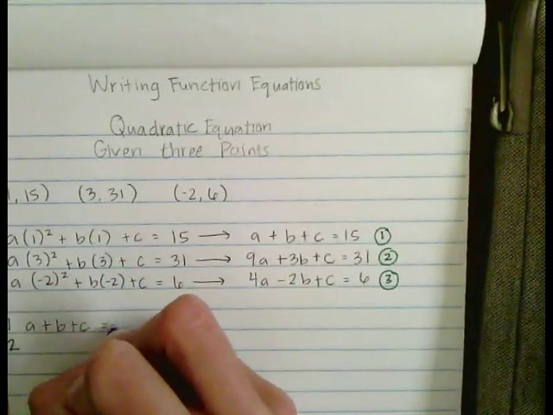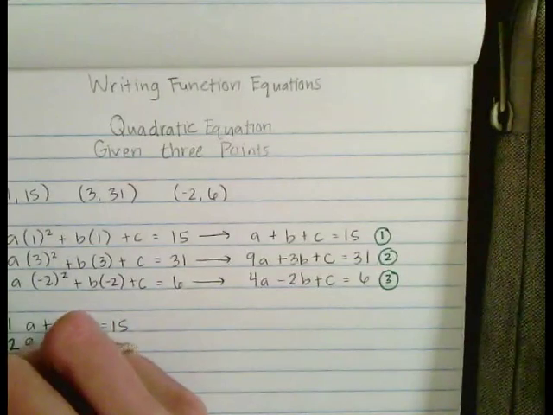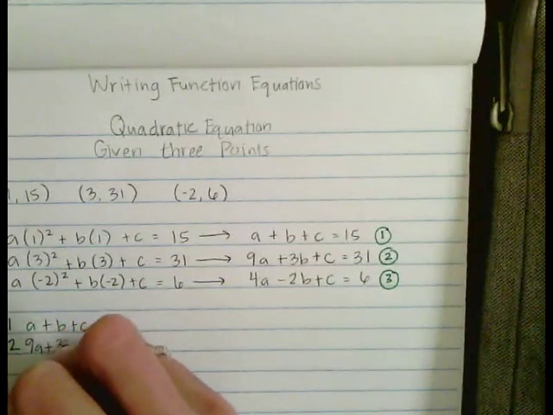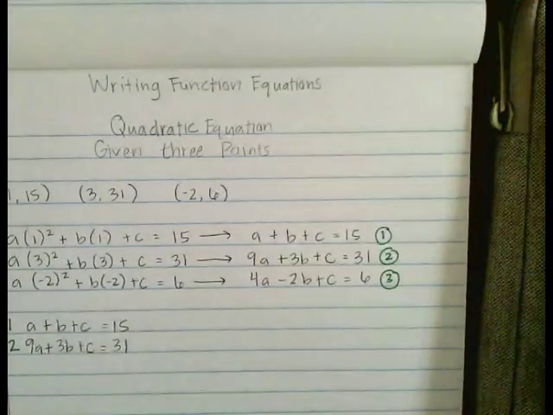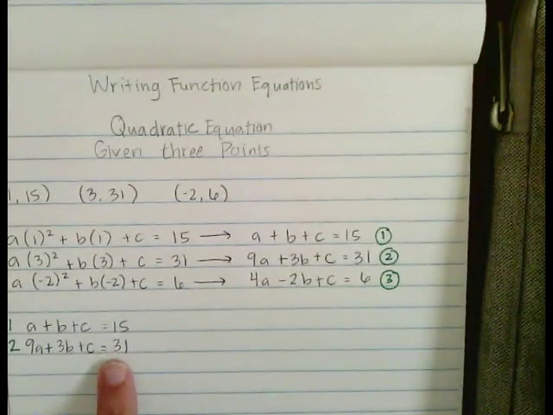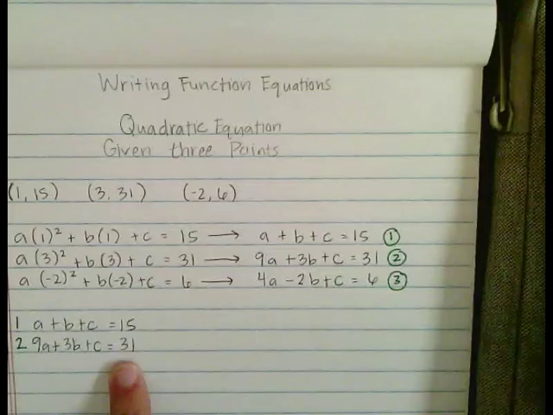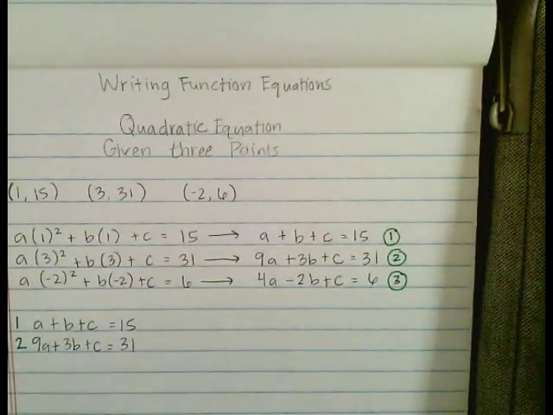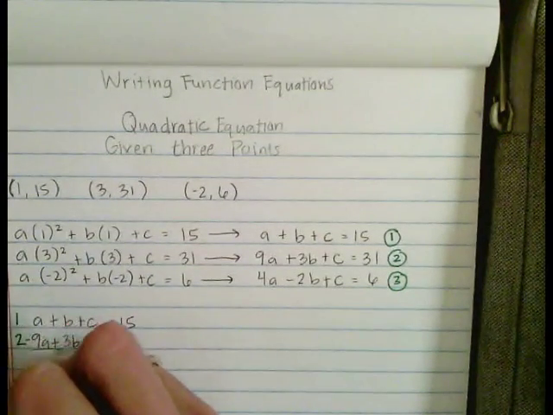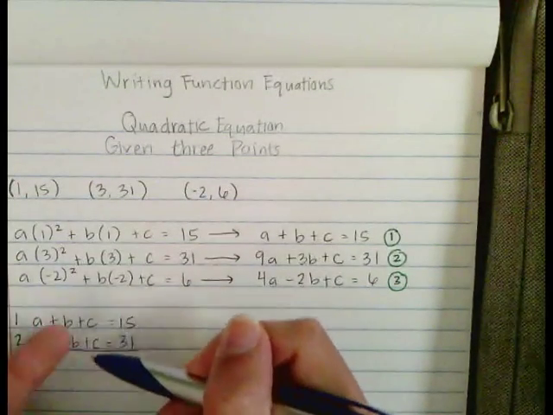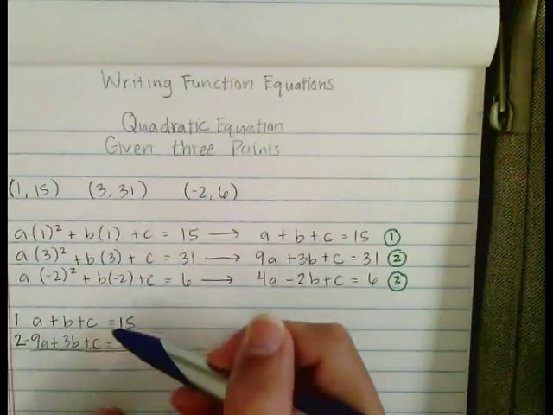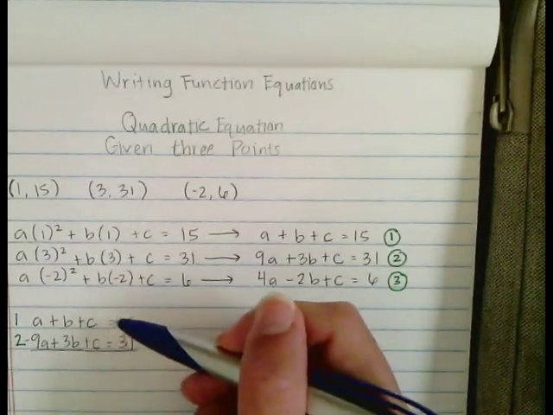A plus B plus C equals 15, and then 9A plus 3B plus C equals 31. Okay, so from here you're going to subtract all of this, and it doesn't truly matter which one's which, so we're going to keep it all positive.